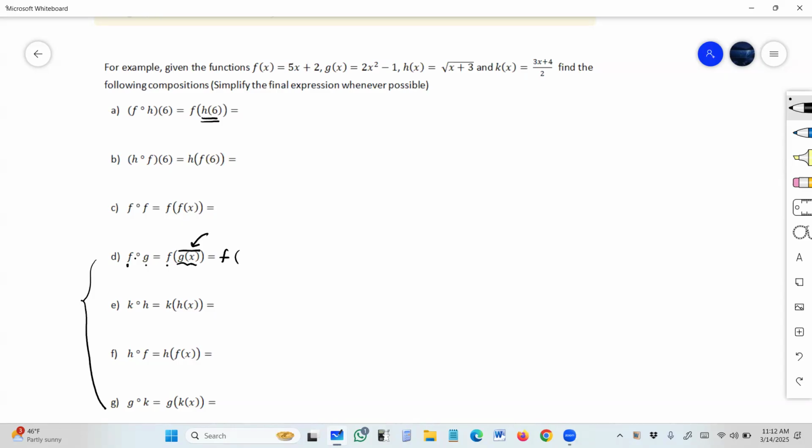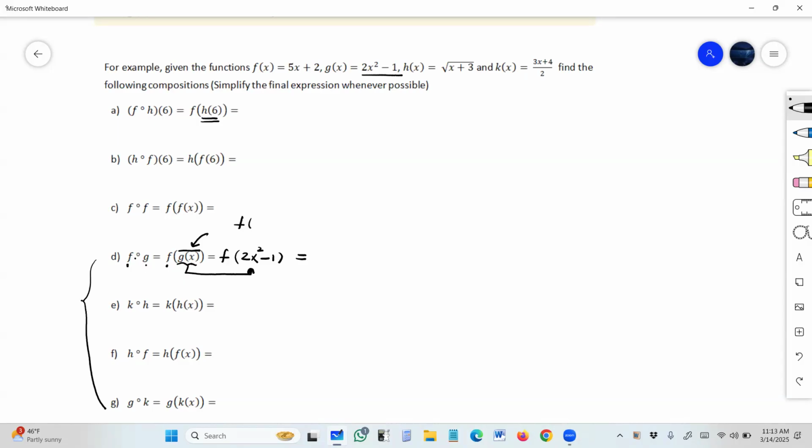So I am going to write the g function inside the parentheses right here. And I am given g. This is what g is. So I'm going to write it right here. Okay. So f compose g is just like composing f at 2x squared minus 1.